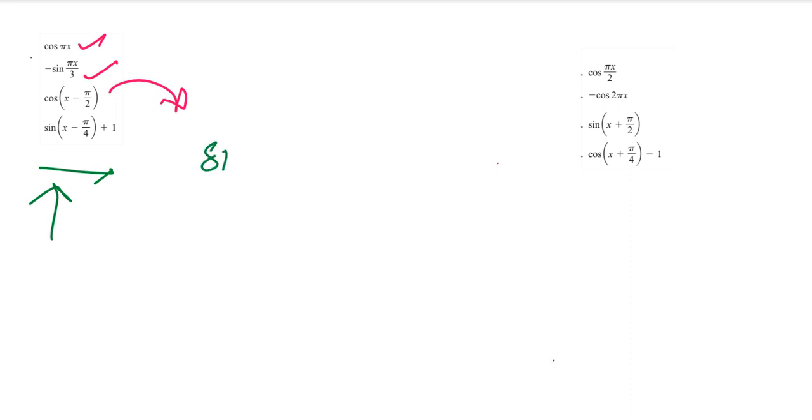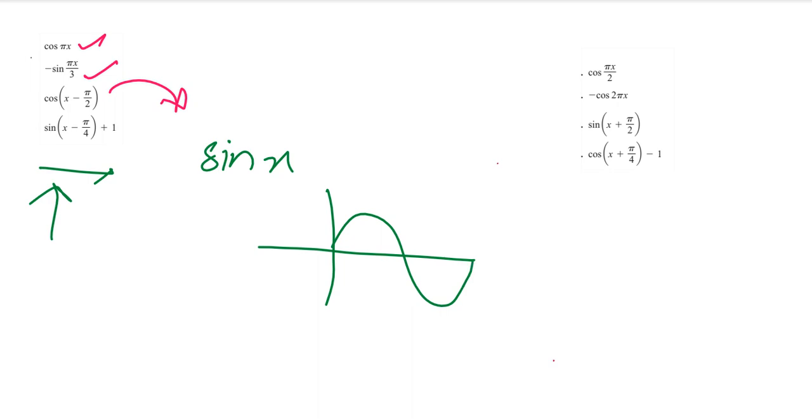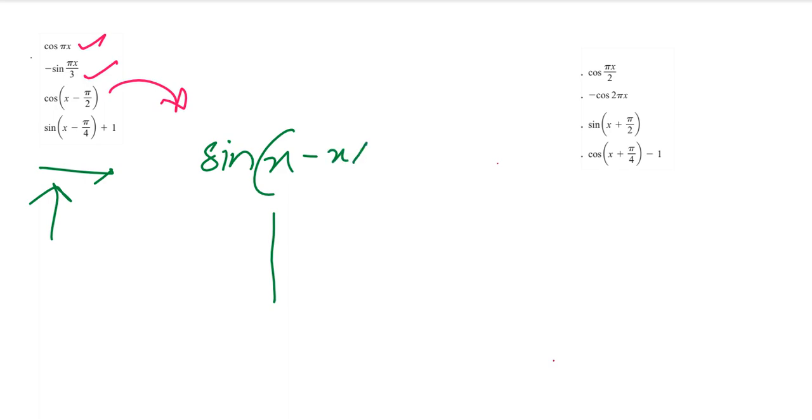So we know the original graph of sin x is in this form. So we have to move it a bit by using this factor, sin(x - pi by 4).